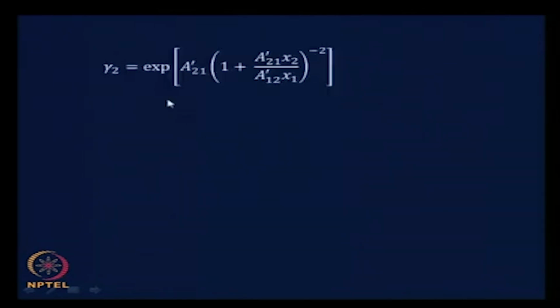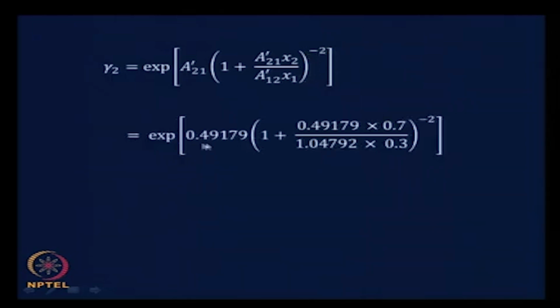And gamma 2, a similar expression that we have already seen, becomes exponential of A21 dash times 1 plus A21 dash x2 divided by A12 dash x1, the whole power minus 2.